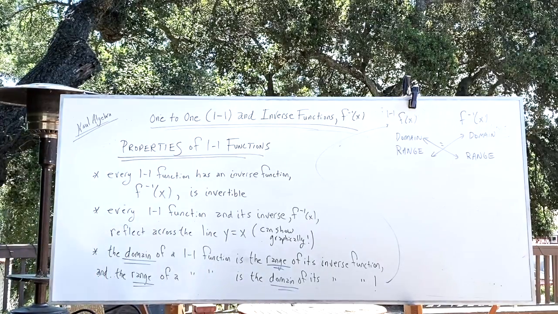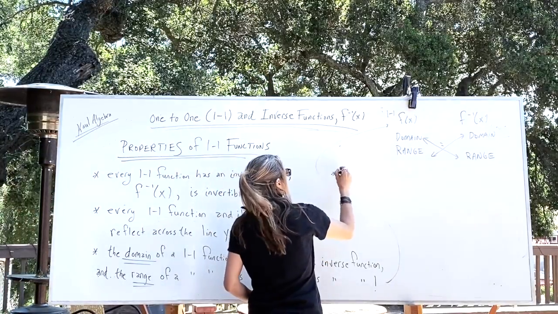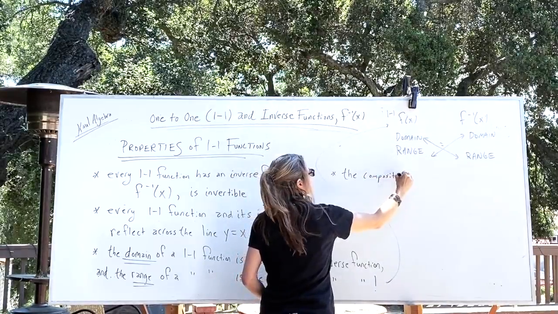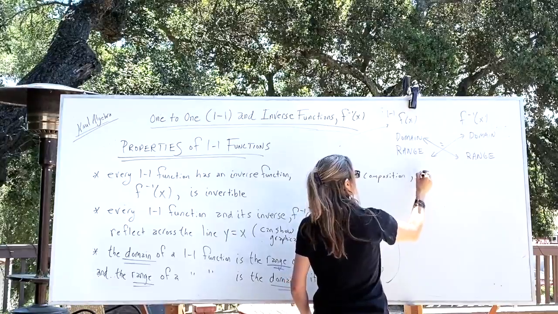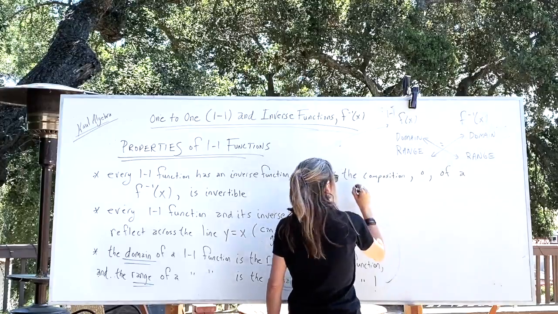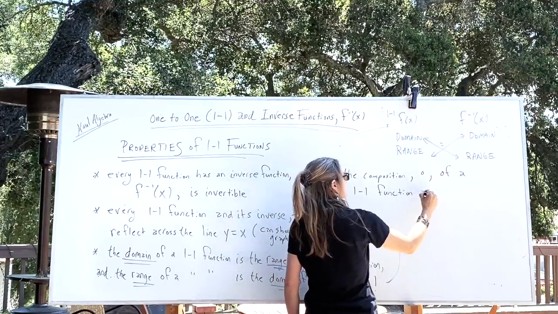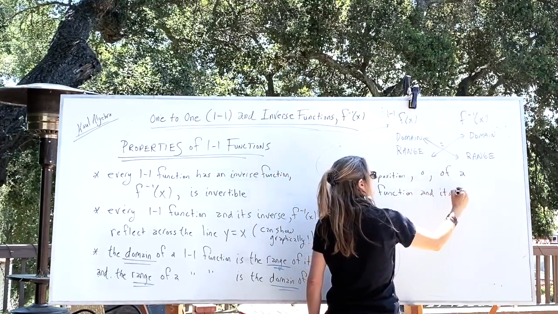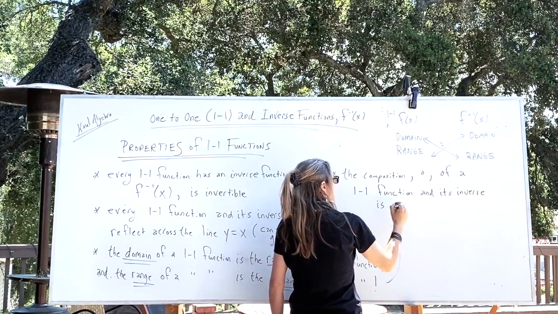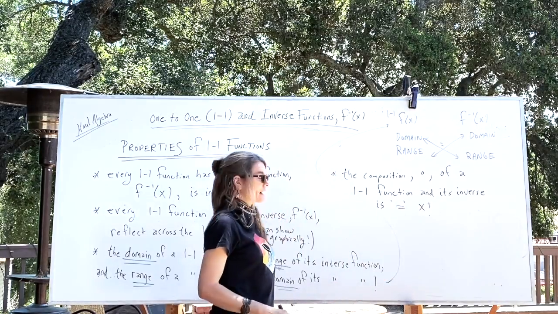Now the other thing that we know is the composition. One more property. The composition, and just remember the composition symbol is this little circle, of a one-to-one function and its inverse is equal to x. Always equal to that x.